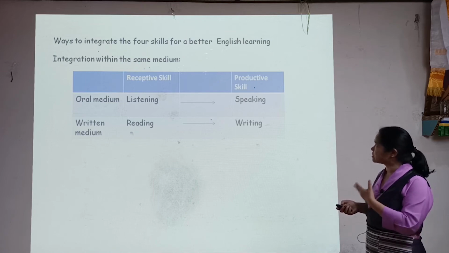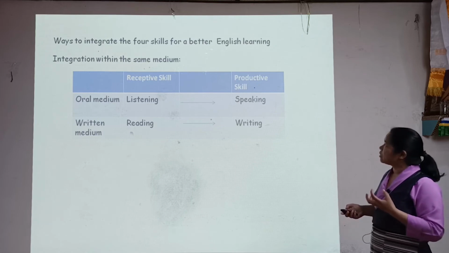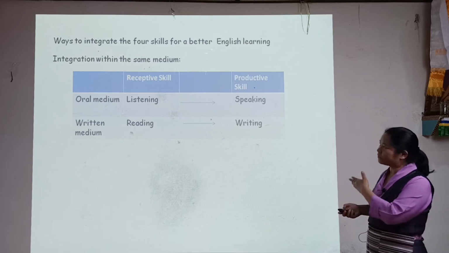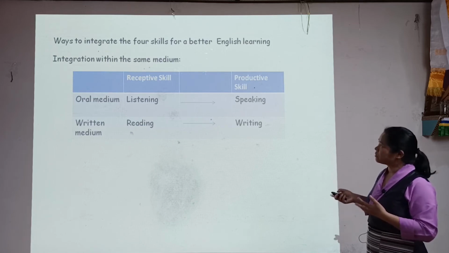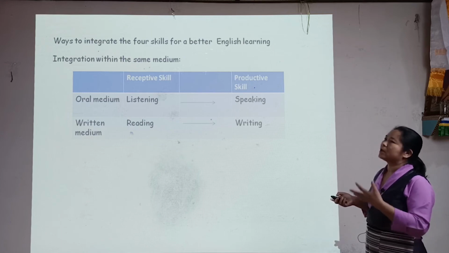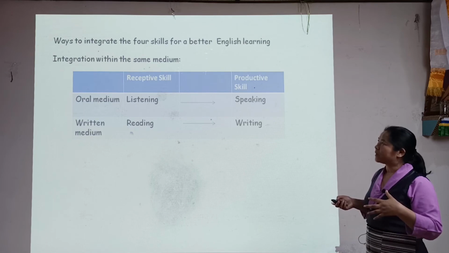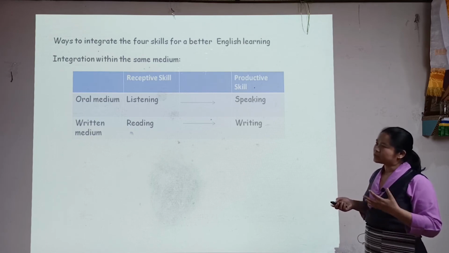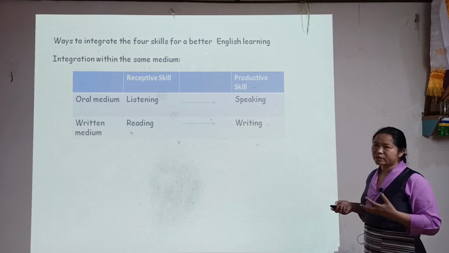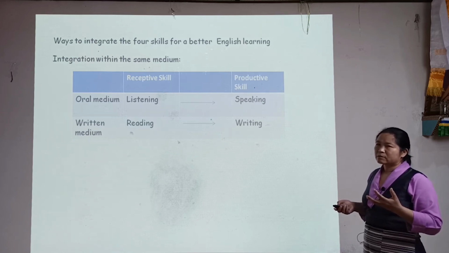If we combine these, again, it becomes easy. But that doesn't mean that that is the end of everything. We can combine listening with writing, reading with speaking as well. What I mean is there should be an input as well as an output for a better learning of the language.